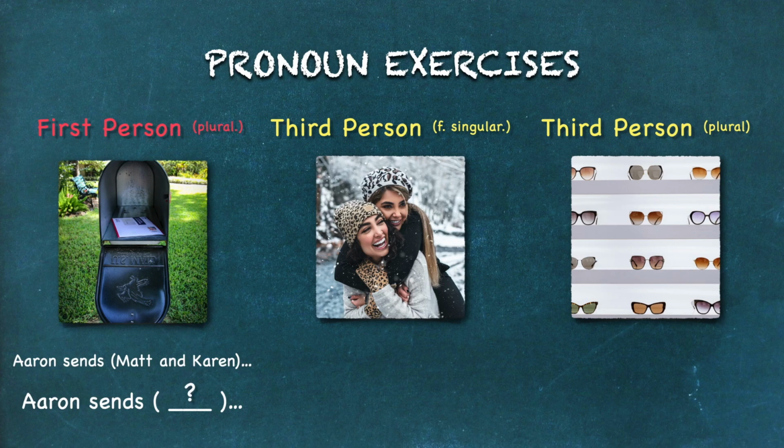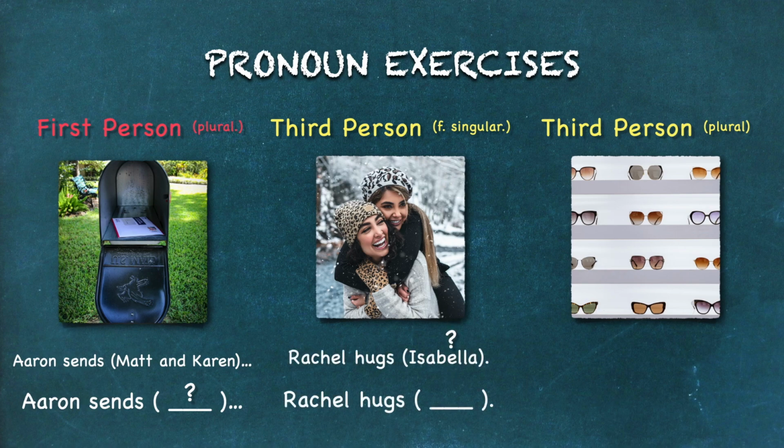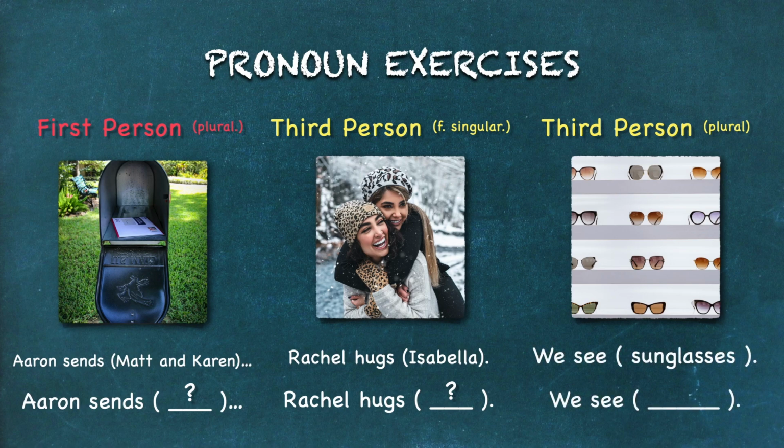What would be the pronoun here? Next, for the third person feminine singular, we have Rachel hugs Isabella. What would be the pronoun here? Lastly, for the third person plural, we have we see sunglasses. What would be the pronoun here?